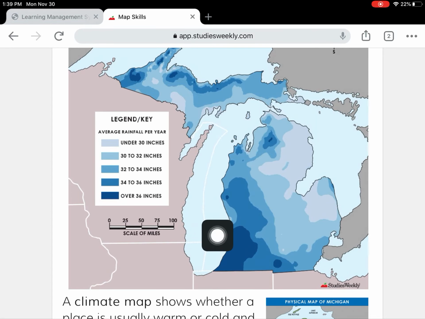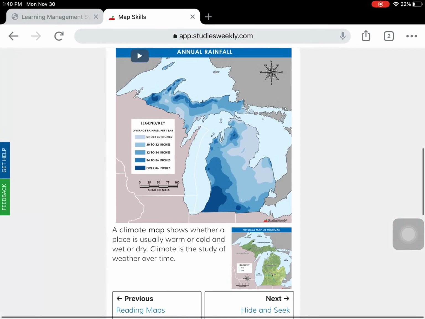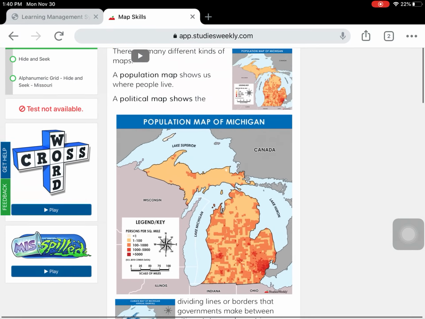So that means the west side of Michigan gets more rain than the east side based on this map. We can see that there are some areas with our darkest blue, which is over 36 inches of rain over an average year. All right, so those are our three maps that we are going to be talking about today.